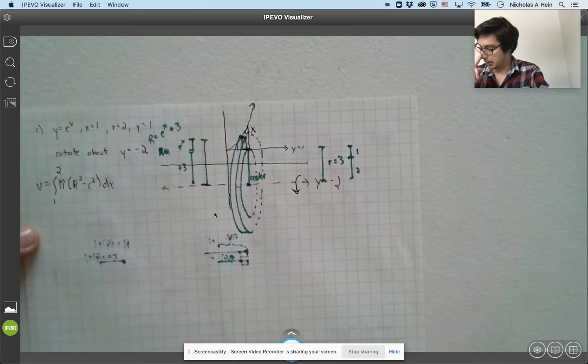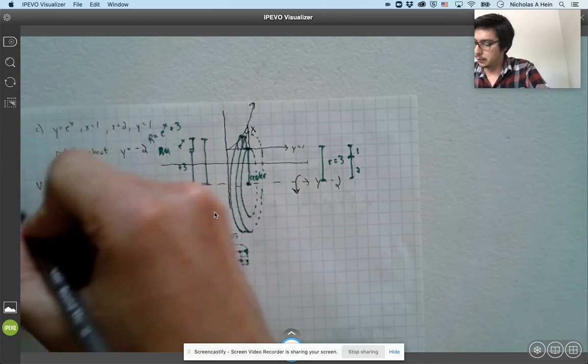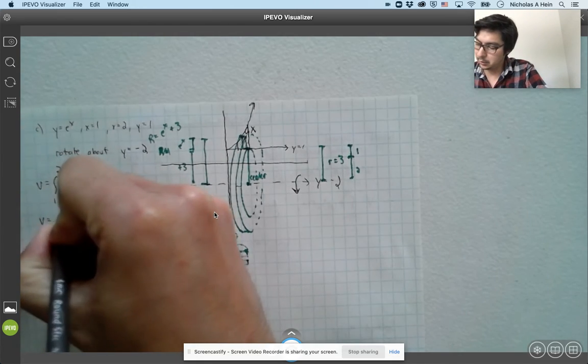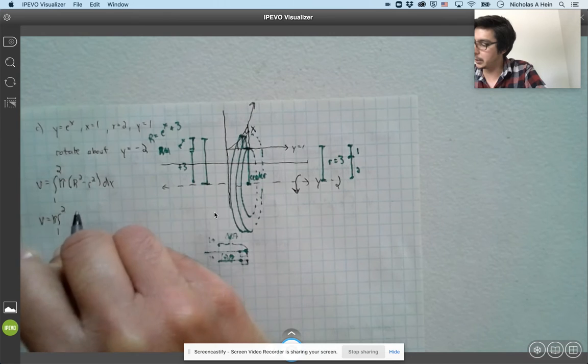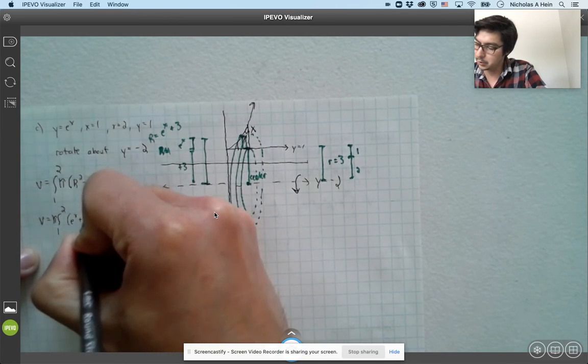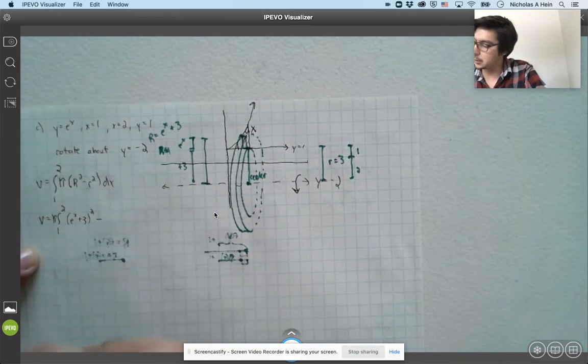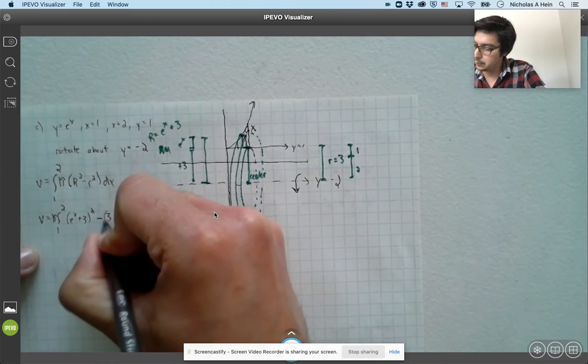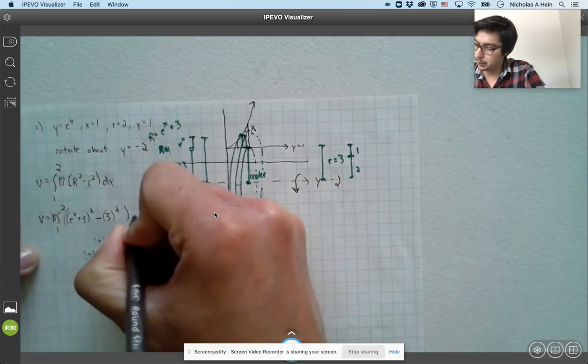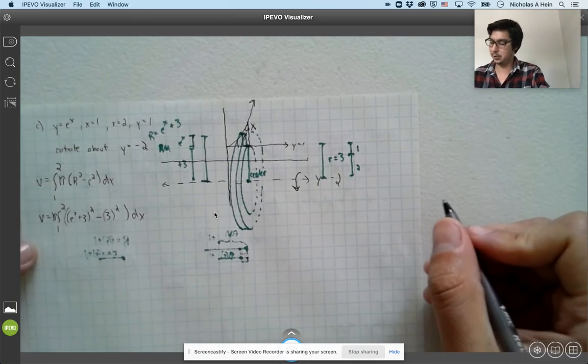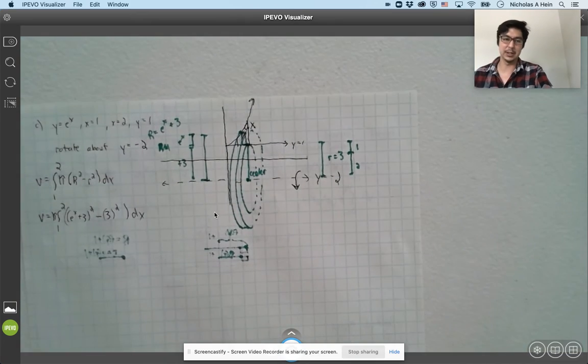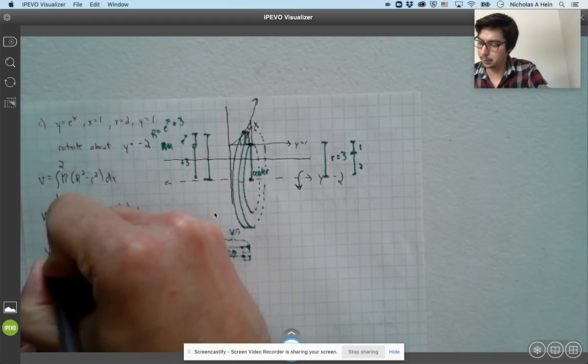That's a very small change in x that we're filling these washers up with. Filling that all in, we have volume is the integral from 1 to 2, put the pi out in front. Your outer radius squared is e to the x plus 3 squared minus your inner radius squared, which was 3 squared, and all of that with respect to x. And then we'll just put this in a calculator for purposes of saving time.